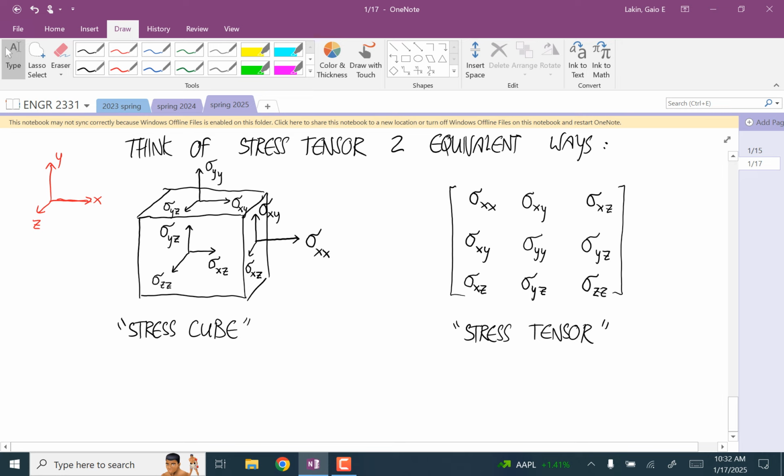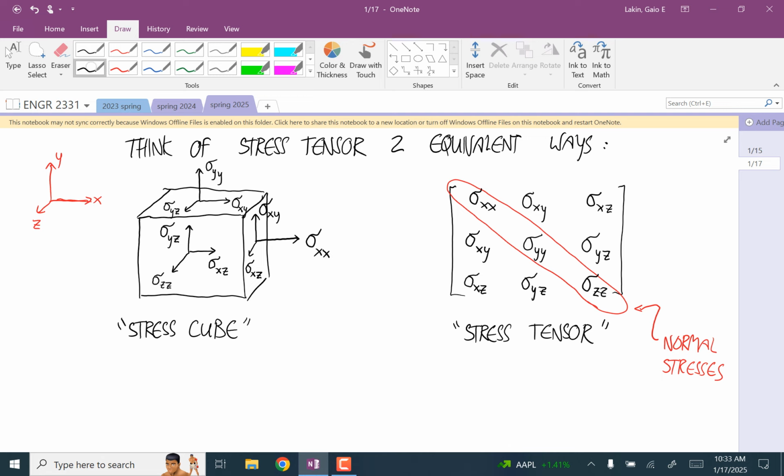Okay, so there's some important stuff about this that you can see really clearly from the stress cube. The ones on the diagonal are called the normal stresses. And you can see from the stress cube why they're called that. XX, YY, and ZZ are the components that are coming perpendicularly out of the positive faces.